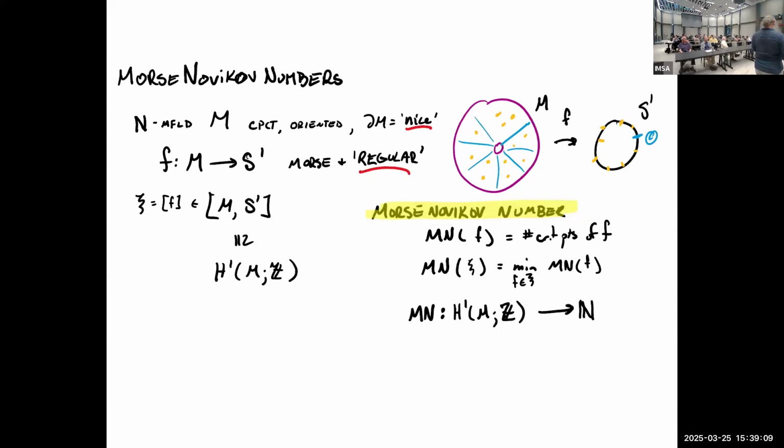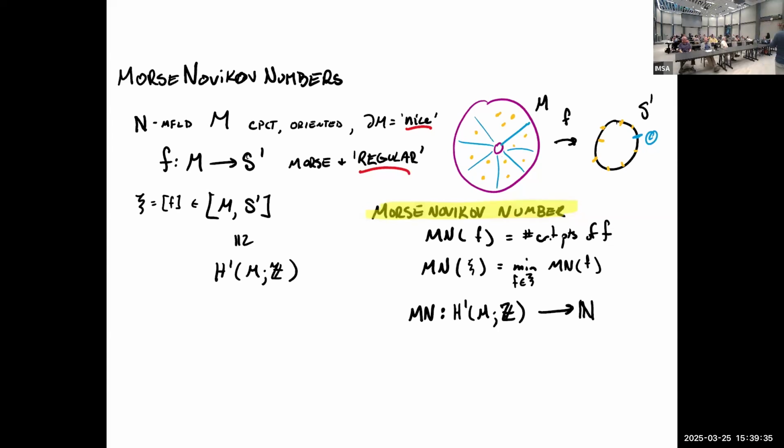Well, then I can just count up the number of critical points. It's a very natural thing to do with a Morse function. A circle valued Morse function, well, the circle is locally the real line, so locally it's just like your usual Morse functions. But circle valued Morse functions represent maps to the circle.